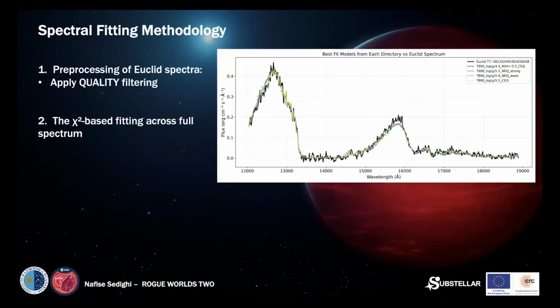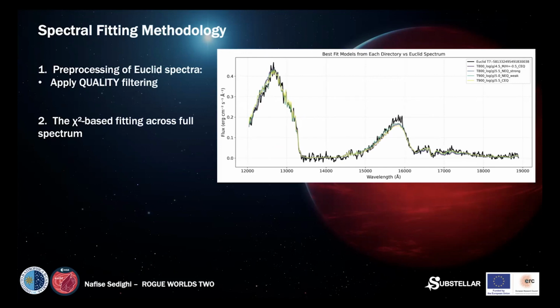The number of objects is 178. In this plot, the black one is the Euclid spectrum, and the rest are the ATMO 2020 and the new version of ATMO. As you can see, the fit is really good, actually, with this T7 that you can see here.